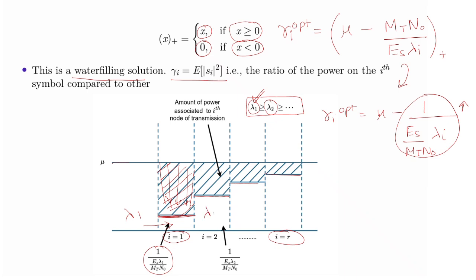As the lambda decreases, this level is shifted above, and the power is now less. This shows the amount of power that would be associated with the ith mode of transmission. This solution is the water filling solution, and it is applied when the CSI is available at the transmitter site.